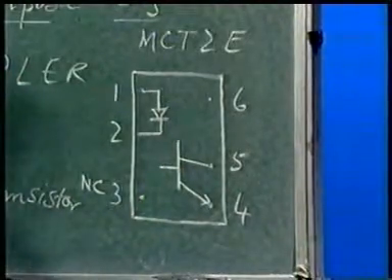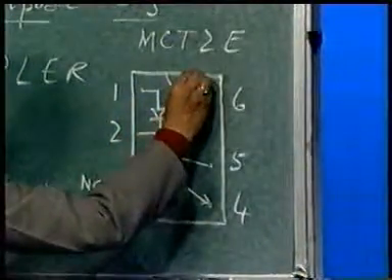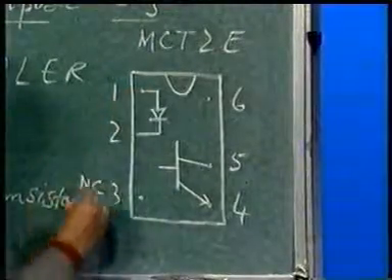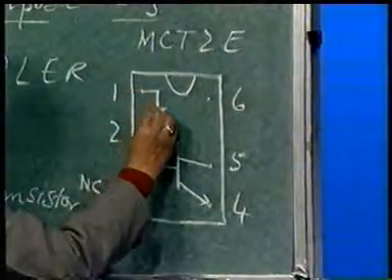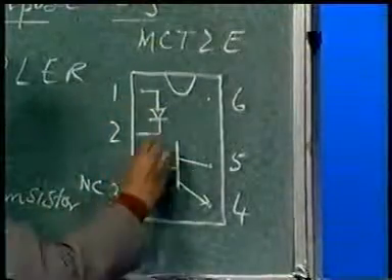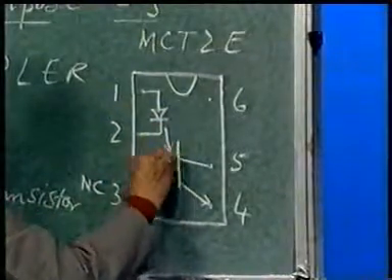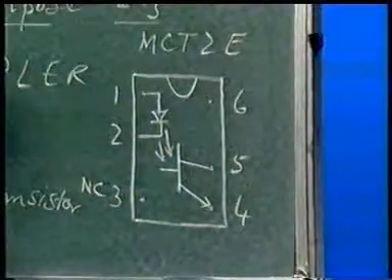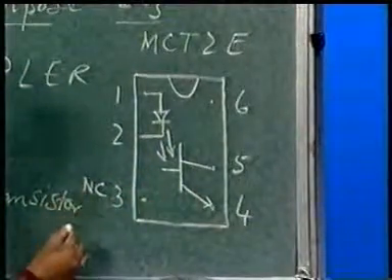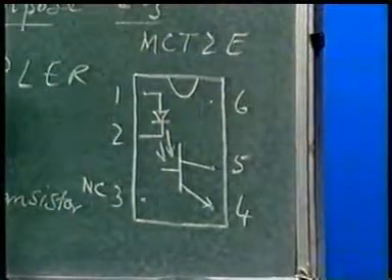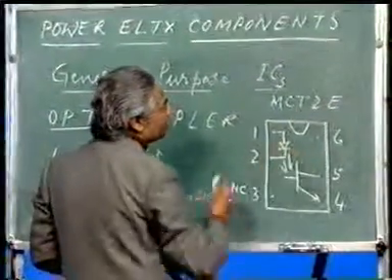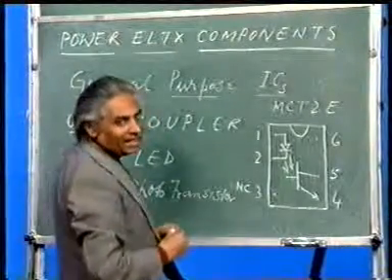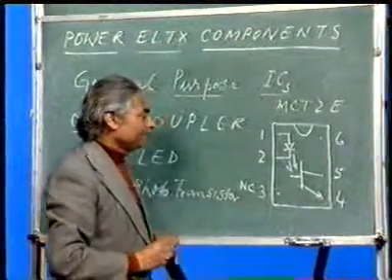Now as soon as, because there is a groove here, as soon as you get input at this point 1, positive input, this LED gets forward biased and it will start conducting, thus emit light. This light, when falls on the base, the transistor will get energized and start conducting, and thus this MCT2E, which is an optocoupler, will be enabled and it will start functioning.